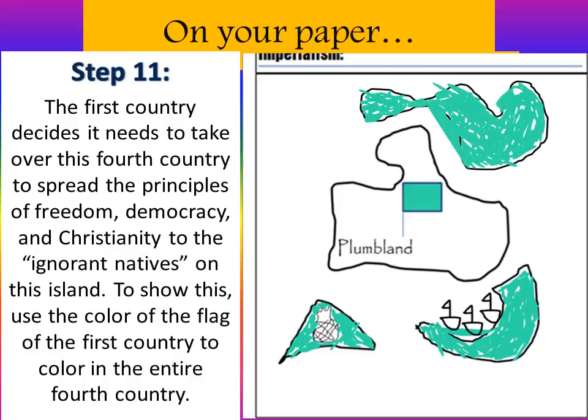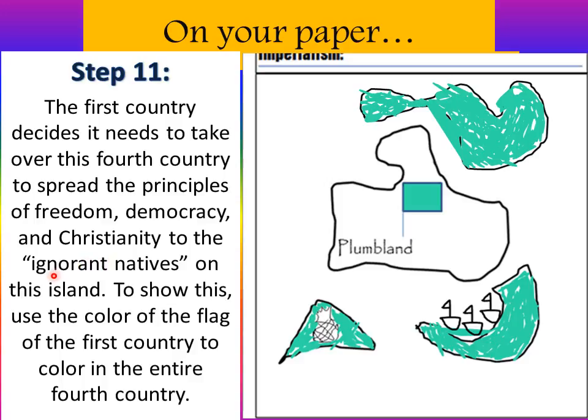Now, before I move on, I want you to look at the reasoning for why this country took over the 4th country: to spread the principles of freedom, democracy, and Christianity to quote-unquote ignorant natives. Back around this time and still today, many Americans feel that other countries, if they're considered third world or don't have our kind of technology or our kind of economy, or as much money as us, are lesser peoples.